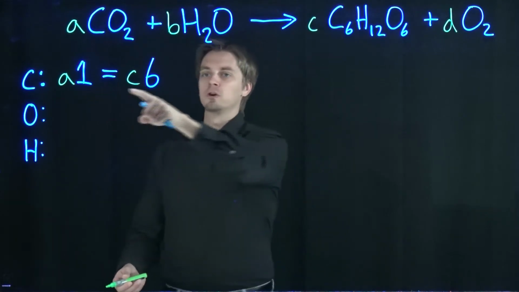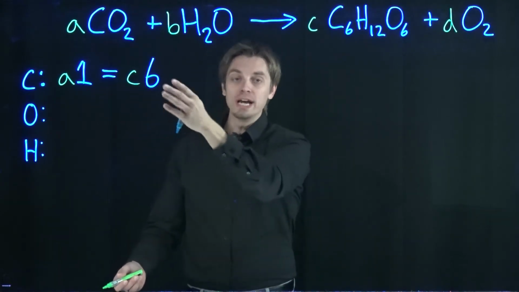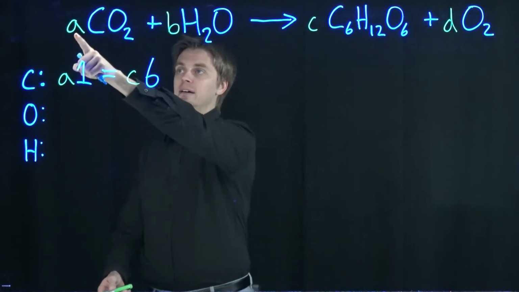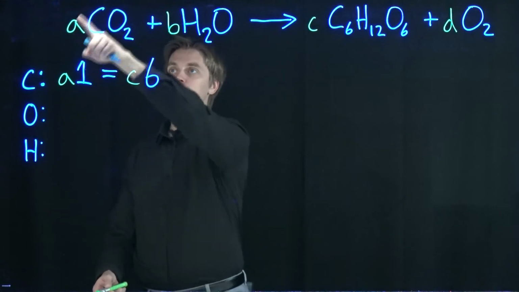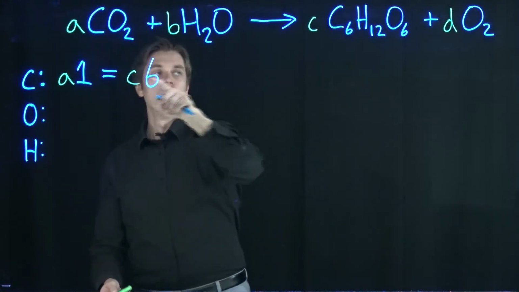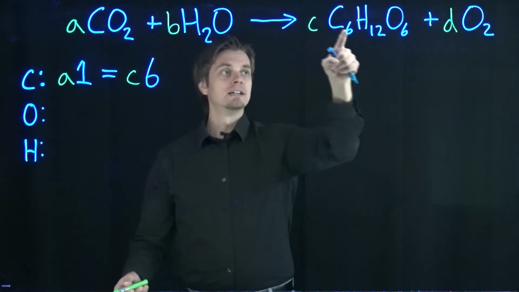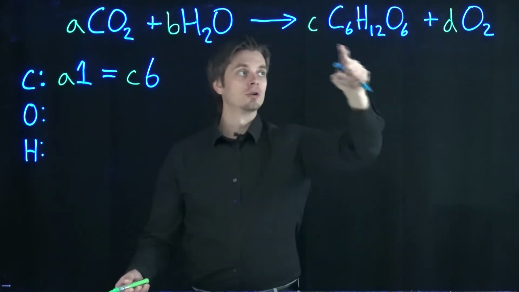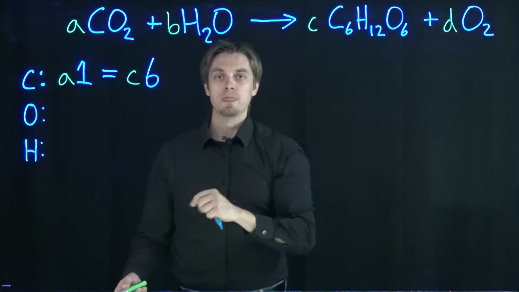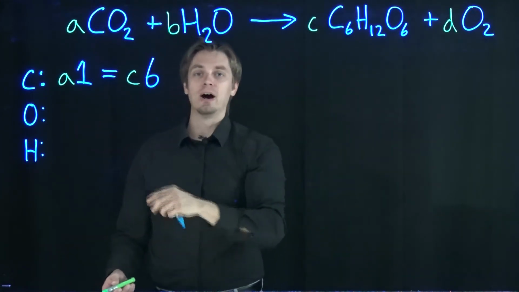So this is our first algebraic equation that must be satisfied. Whatever coefficient is A, right, multiplied by 1 gives us the total number of carbon atoms on the left-hand side of the chemical reaction equation. Whatever coefficient C times 6 gives us the total number of carbon atoms on the right-hand side, and these two values must be equivalent.